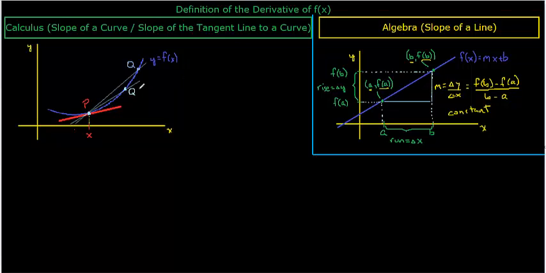Let's try again, moving Q even closer. And as you might suspect, the closer we move Q to our point of interest, P, the closer the slope of this line here equals the slope of our tangent. So eventually what we're shooting for is we want this point Q to continue to approach P until they're essentially the same.